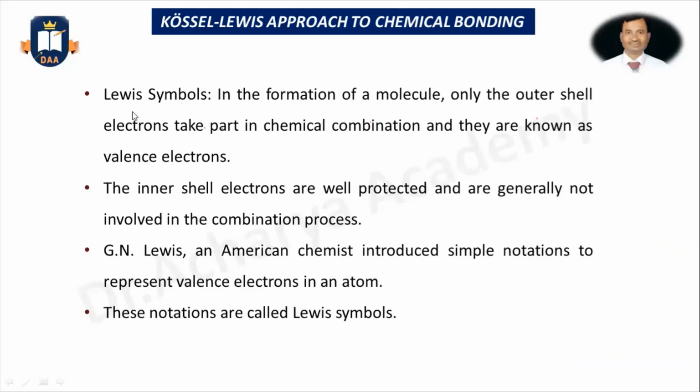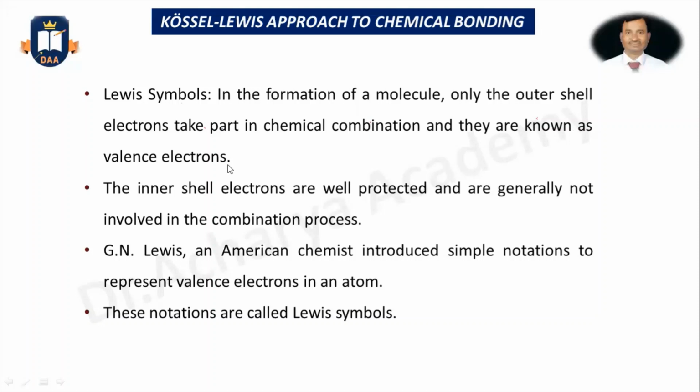Now we'll discuss the dot, that means the Lewis symbol. In the formation of a molecule, only the outer shell electrons take part in the chemical combination. I already explained this, and they are known as valence electrons. For sodium, 1 electron is outside the shell, so it has 1 valence electron.